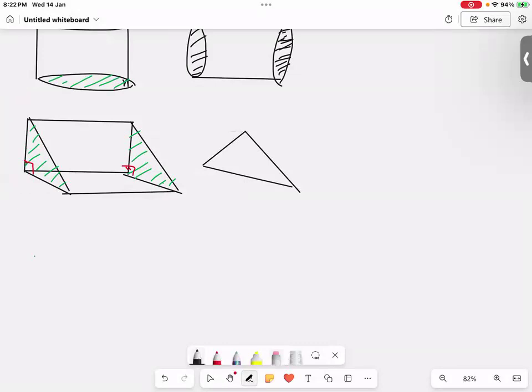All right. So that's another version for the triangular prism. And as you can see, this time the cross section is a triangle, but it's not right angled. It's just a regular triangle.